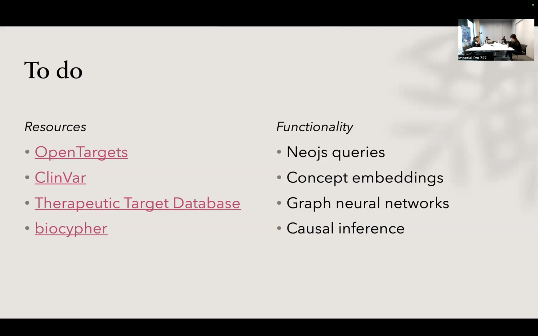ClinVar is a longstanding database created by NIH to basically have a huge database connecting genetic variants to diseases. And in contrast with Open Targets and some of these GWAS-derived databases, ClinVar is primarily focused on rare variants that come into the clinic.